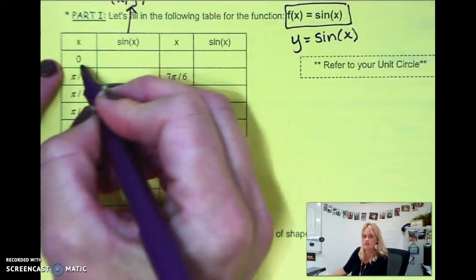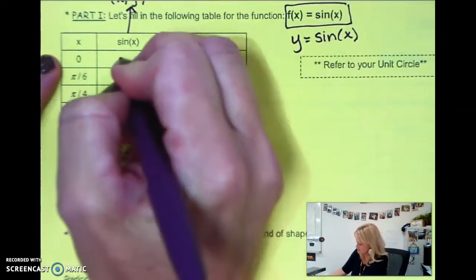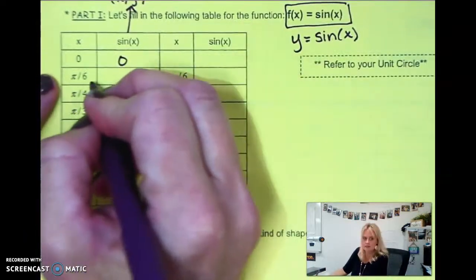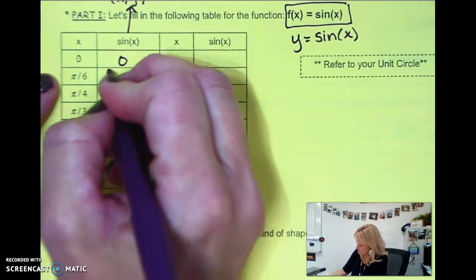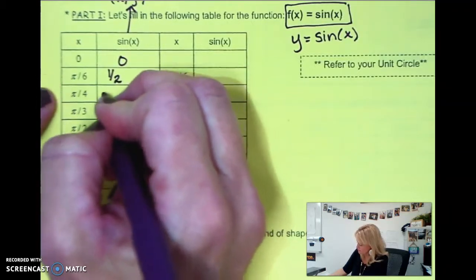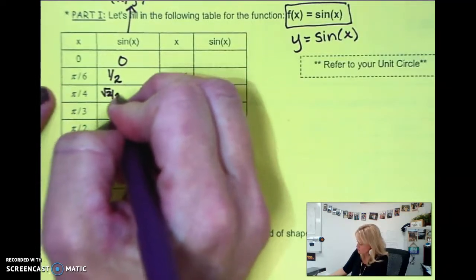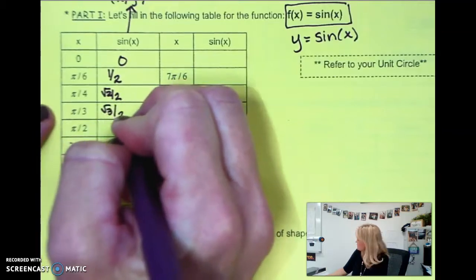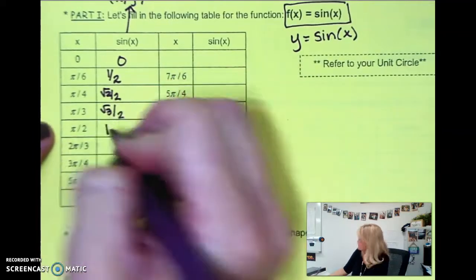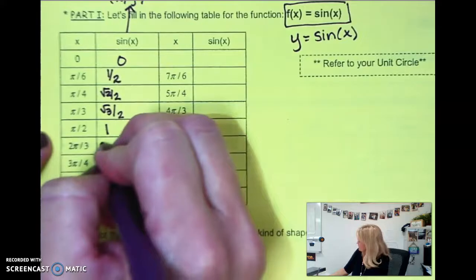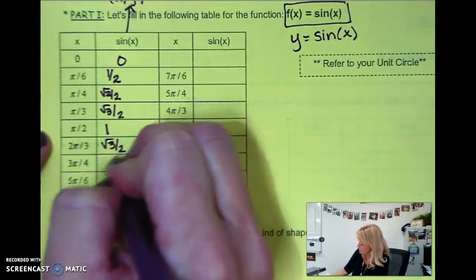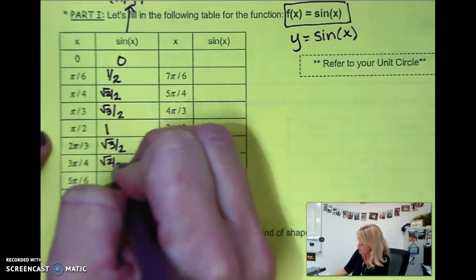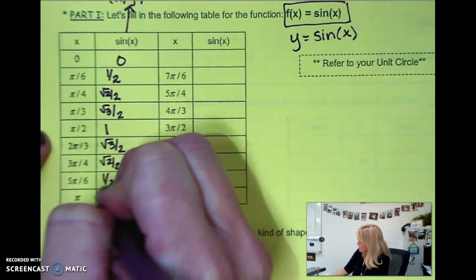So at 0, sine is 0. At pi over 6, sine is 1/2. At pi over 4, square root 2 over 2. At pi over 3, square root 3 over 2. At half a pi, it's at 1. Then we're at square root 3 over 2, square root 2 over 2, 1/2, and 0.